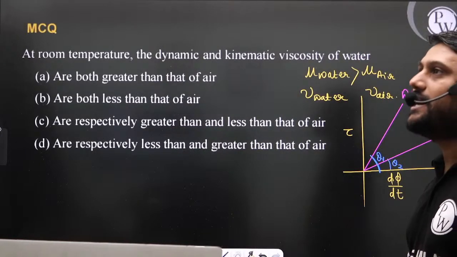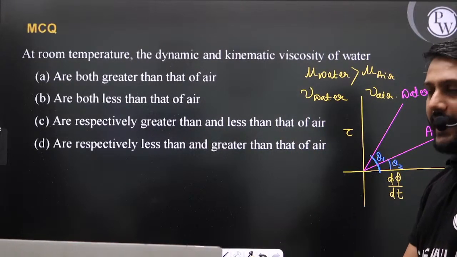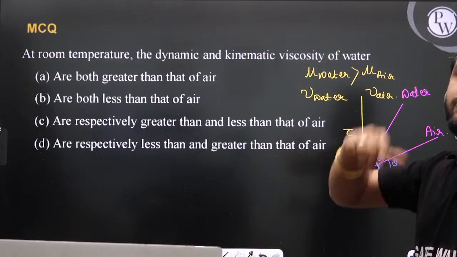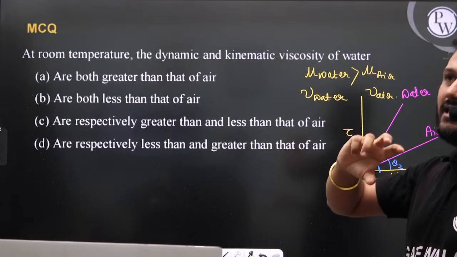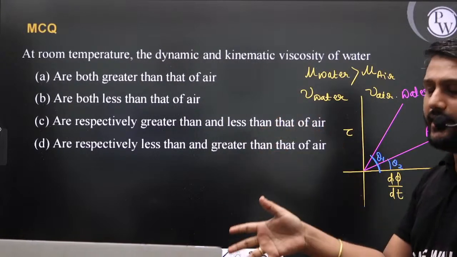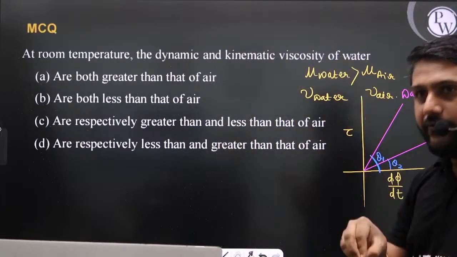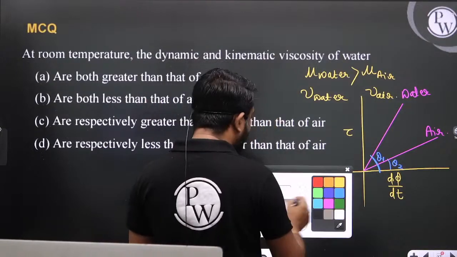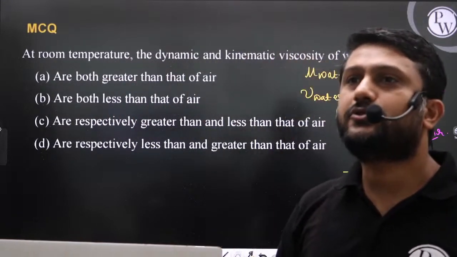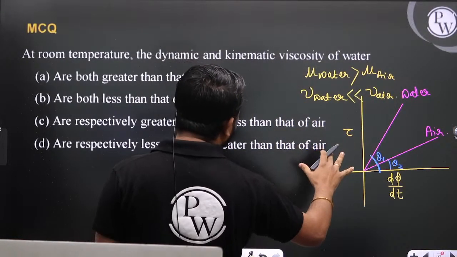We compare the kinematic viscosity of liquids and gases, and the kinematic viscosity of liquid may be more than that of gases, or that of gases may be more than that of liquid. But if you specify the liquid as water and the gas as air, then remember this: the kinematic viscosity of air is more than the kinematic viscosity of water. Remember this or not?